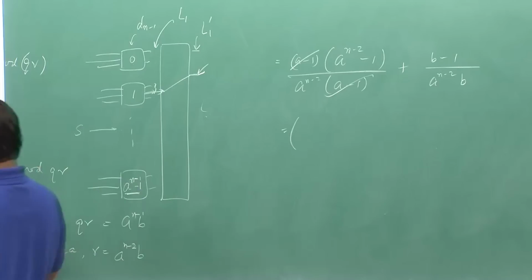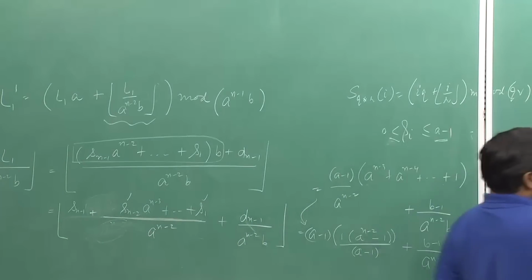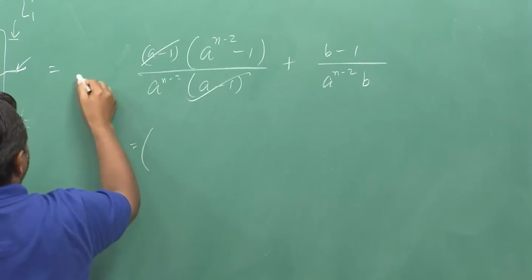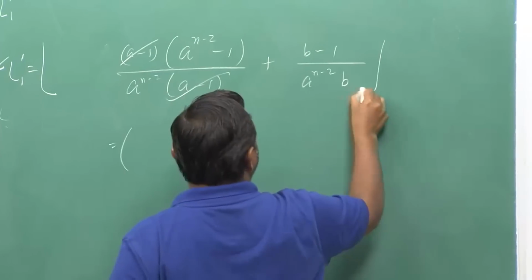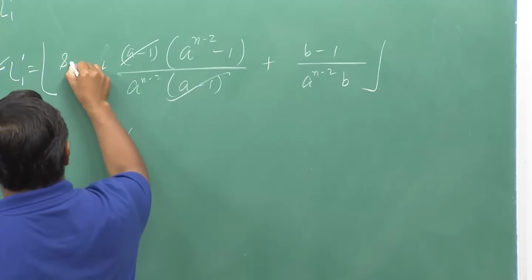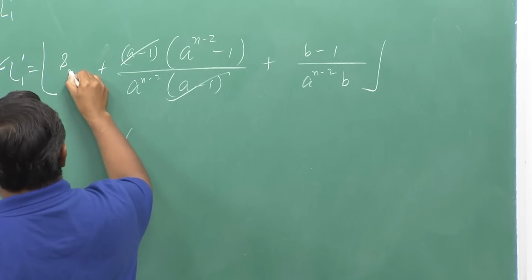So, I can put this whole expression here and I can write this L1 prime as floor function of Sn minus 1.